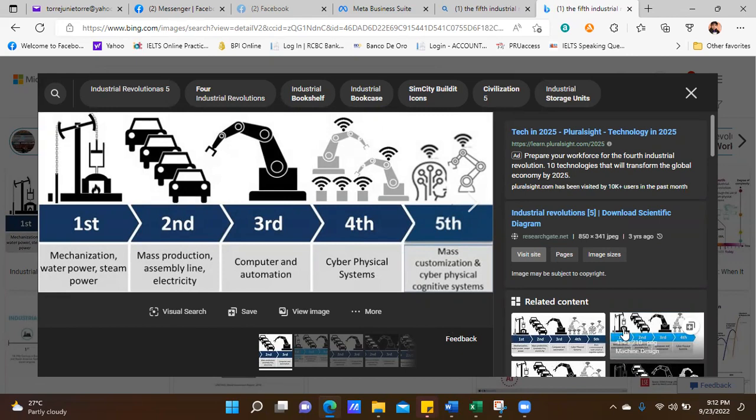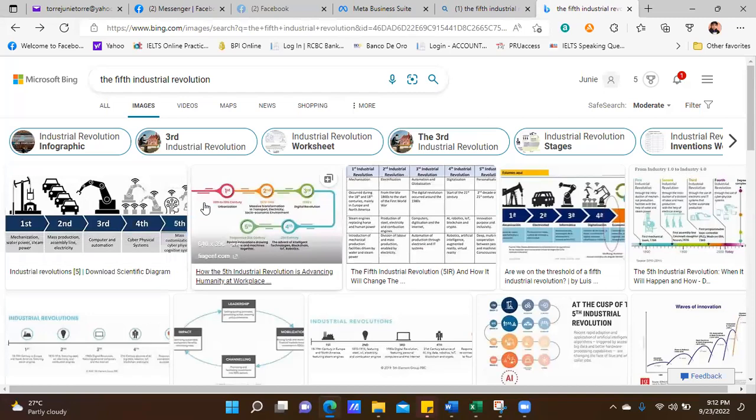Ayan na yung Wi-Fi, guys. Kita niyo yung signal ng Wi-Fi? And then, parang nag-uumpisa na tayo dito, guys. Mass customization and cyber physical cognitive systems. Ayan na yung computers na yan, guys. It all began with the Industrial Revolution.